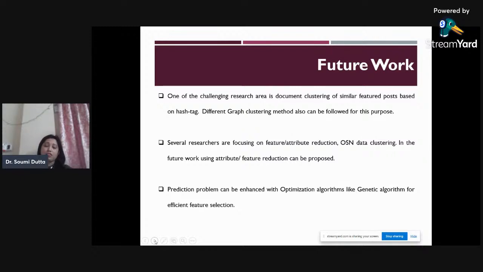Some different data sets I have tried to show you, where in real life you can apply your techniques, your methods, and you can come out with some good outcome.